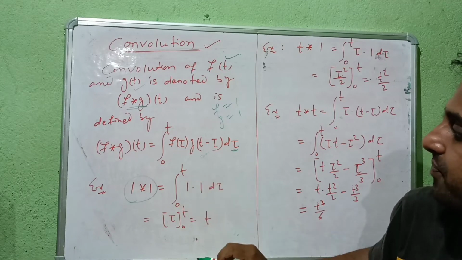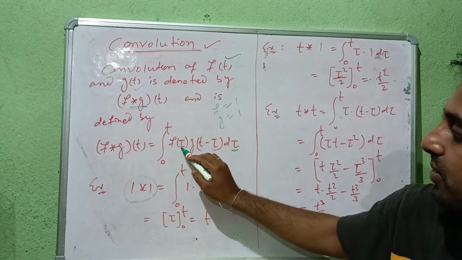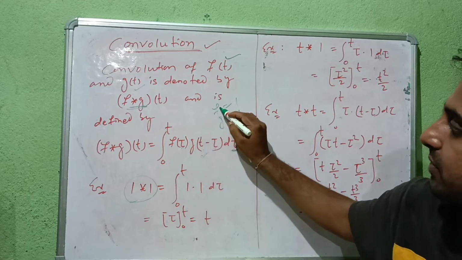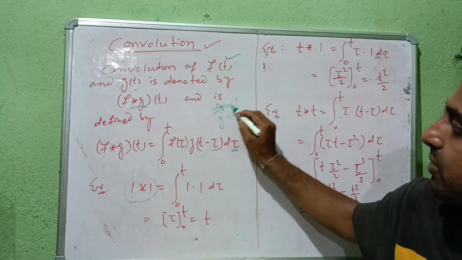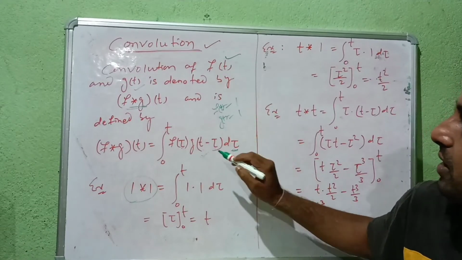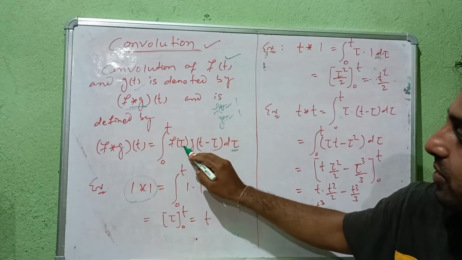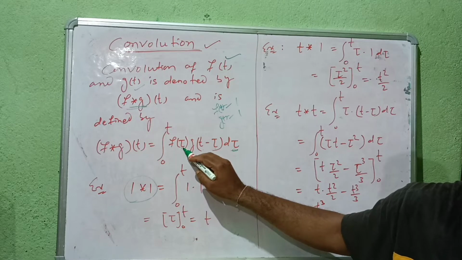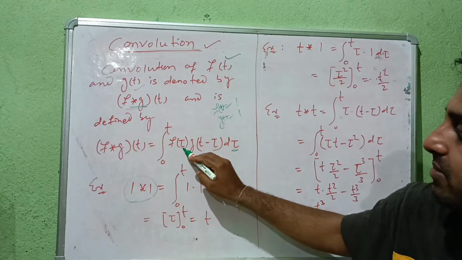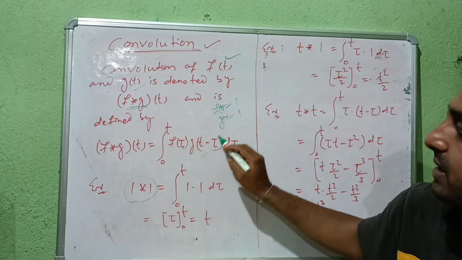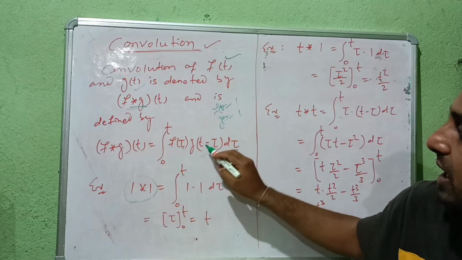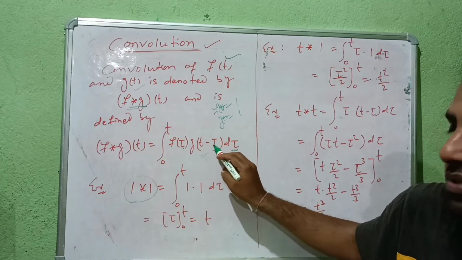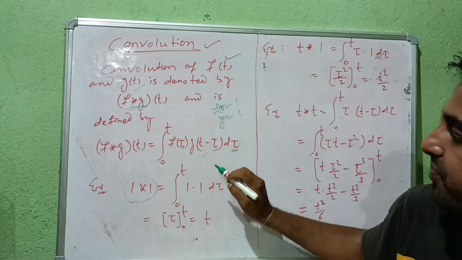According to the formula, we get the integration from 0 to t, and in place of f of tau, since f of t equals 1 and g of t is also 1, we have to write f of tau. F of tau means just replace t by tau, and g of t minus tau we have to write in the form of t minus tau.